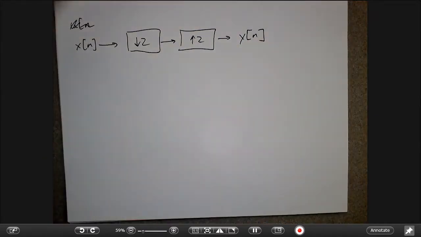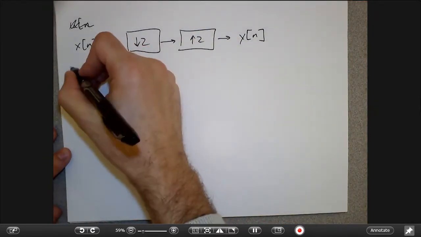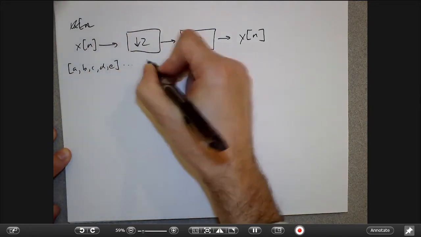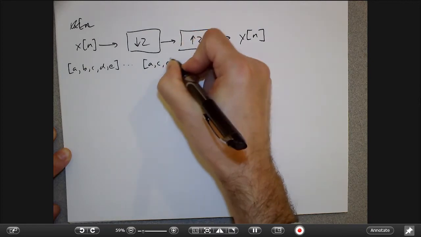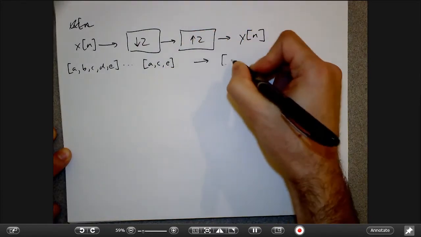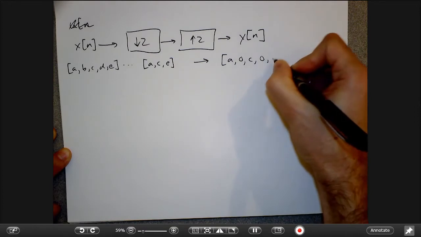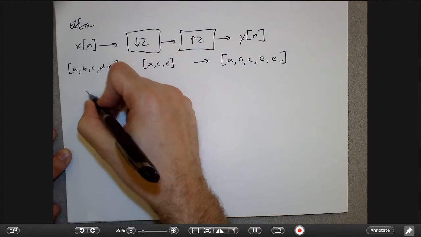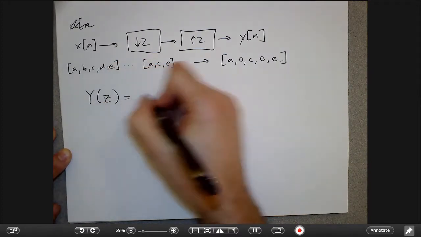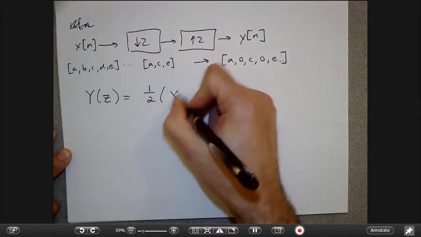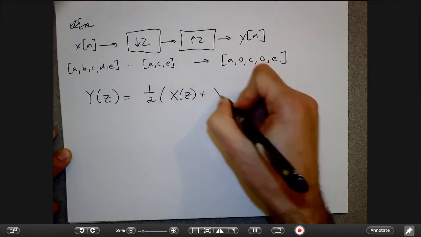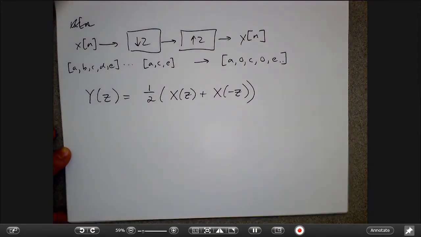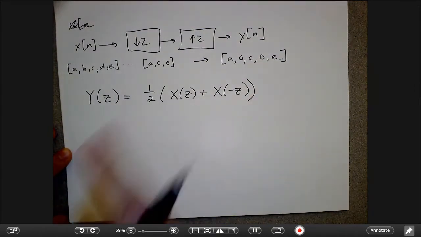That's like saying I have an original signal, I chop out every other sample, and then I put in zeros for the samples that I chopped out. You can show that the Z transforms have this property. It's not hard to show. This would be a good exam problem. I'm not going to prove it right now, though, because it's an easy proof.